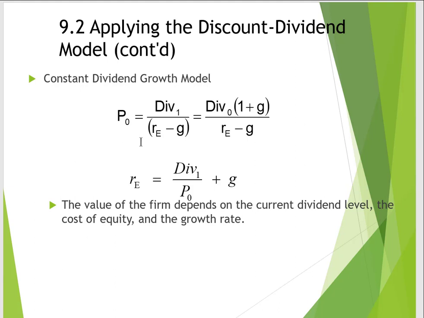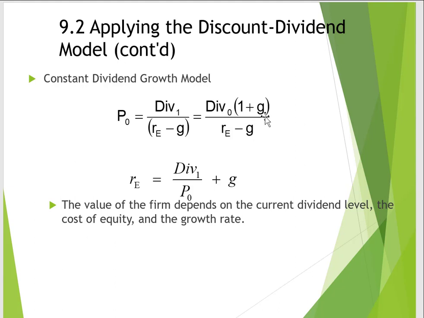The value of the stock is D1, next year's dividend, what you expect it to be, divided by the required return on equity minus the expected growth of future dividends. And we can simplify this a little bit by simplifying the numerator. If you know today's dividend, and of course we do because it's paid to us, here's the growth rate.